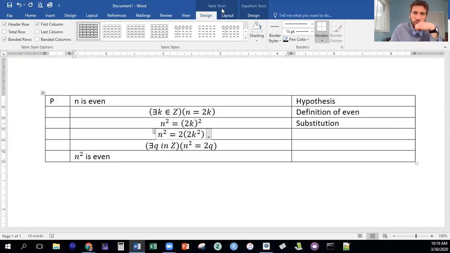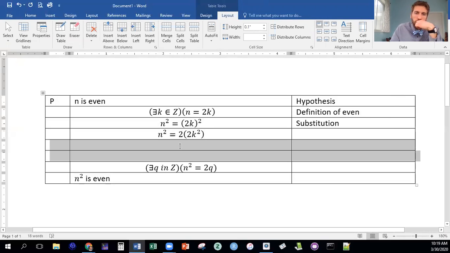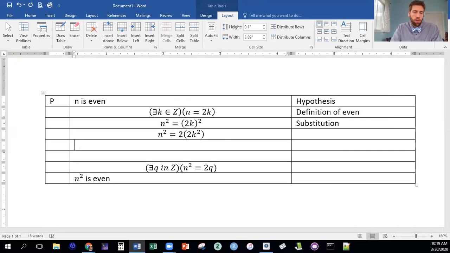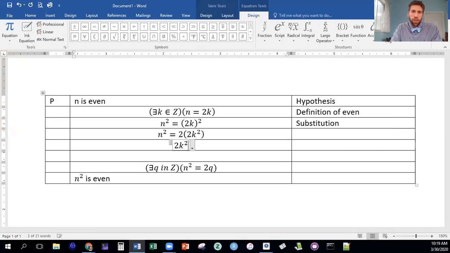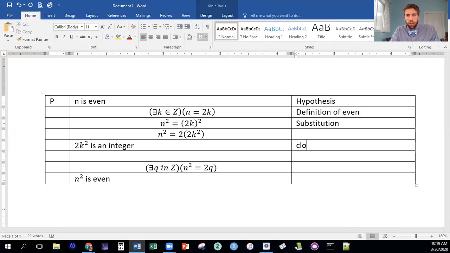I need to insert table layout, insert below. Then I can say 2 times 2k squared is an integer by the closure of the integers; this was algebra by the way.